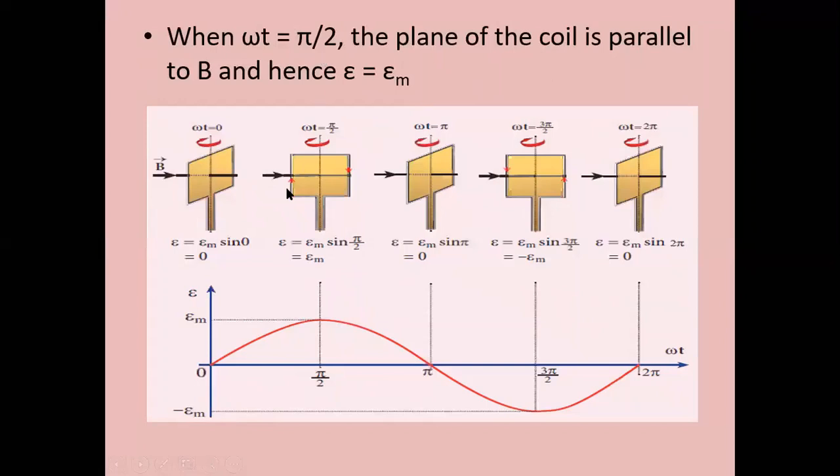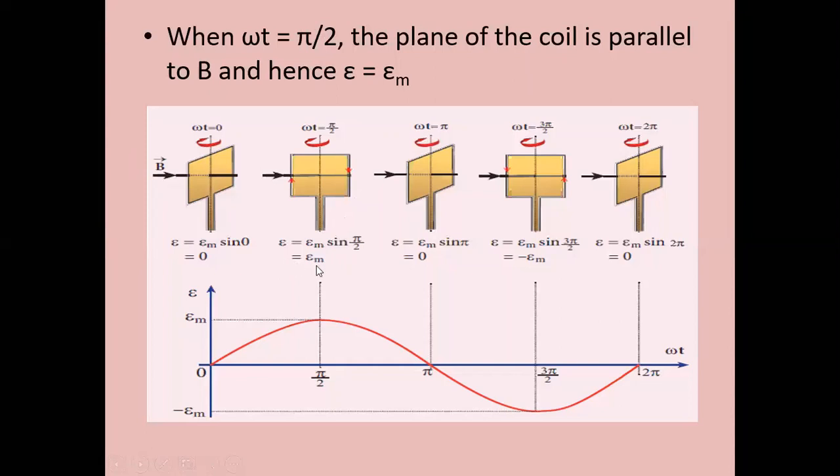Now the second case, when the coil is rotated at an angle of π/2. So it is rotated 90 degrees. The plane of the coil is parallel to the magnetic field. So what is the value of ωt? π/2. Substituting here, epsilon is equal to epsilon m sin π/2. Sin π/2 is 1.